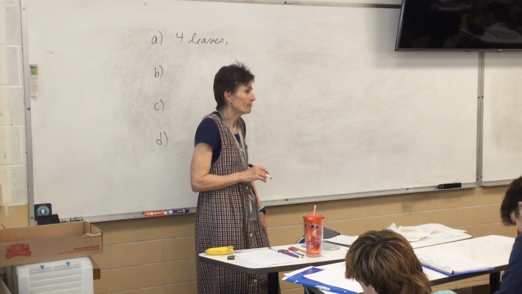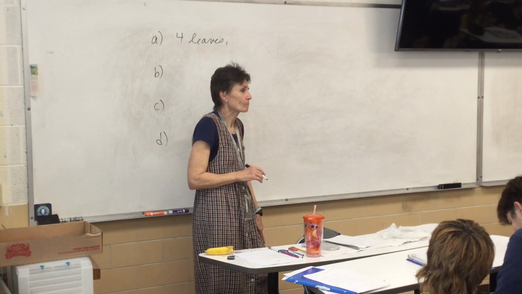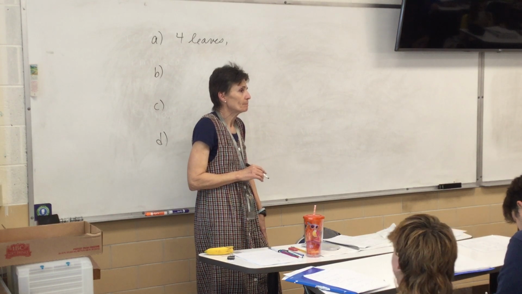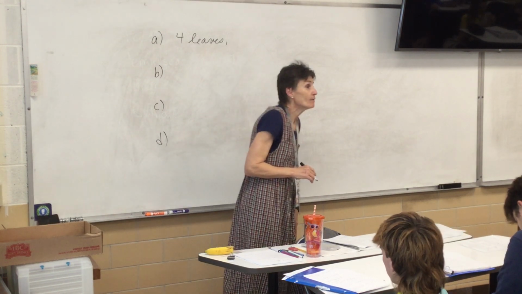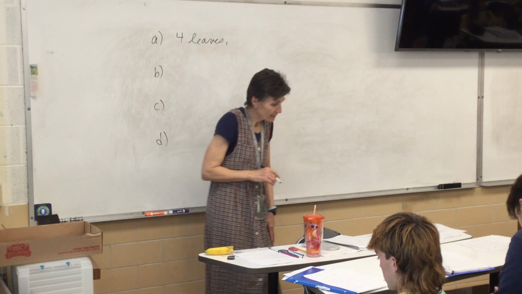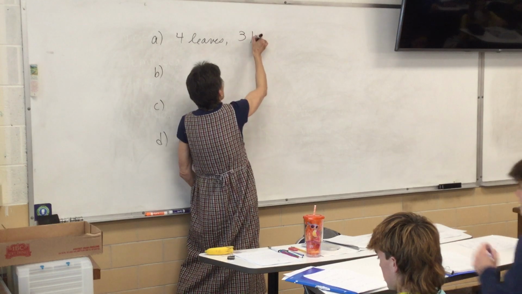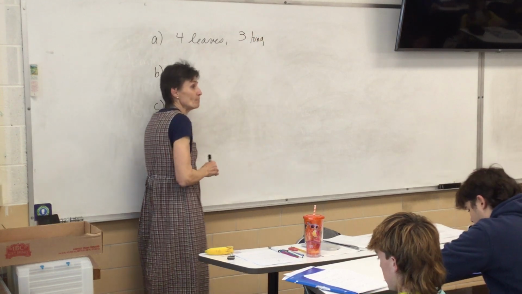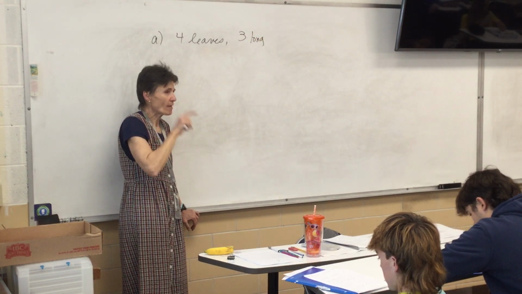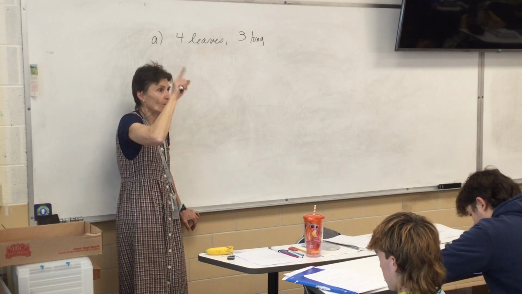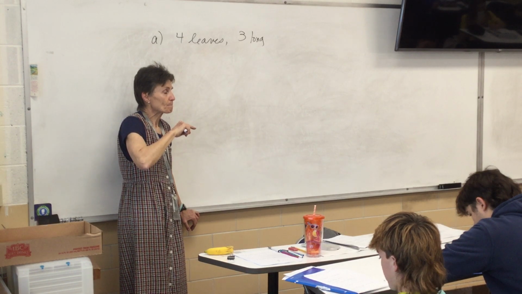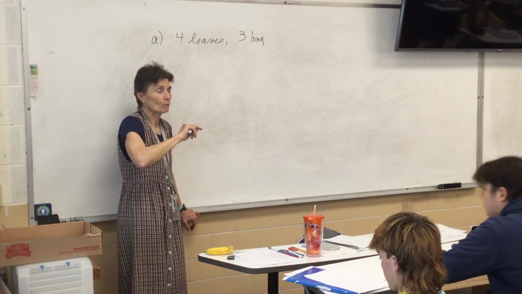Actually, in letter A, they are 3. The length of each leaf should be 3. I know it's hard to tell because on that one, I think they're slanted out. You don't have one on the axis. So it's hard to tell. Take my word for it, they're 3.